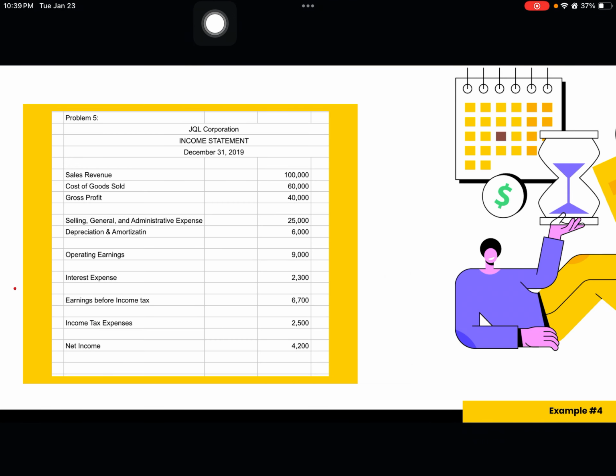Next, problem 5, JQL Corporation income statement, December 31, 2019.